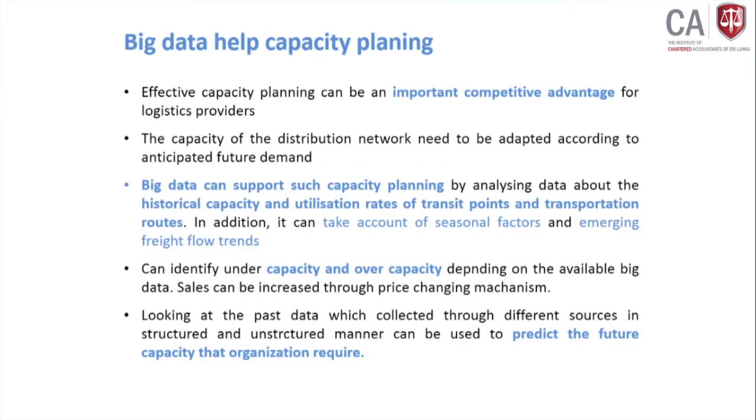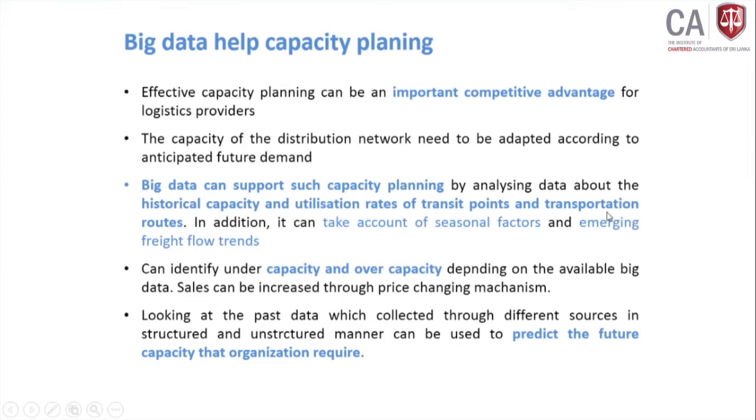Big data helps capacity planning. So important competitive advantage can be taken, and big data can support such capacity planning, and historical capacity and utilization rate of transit points of transportation routes.